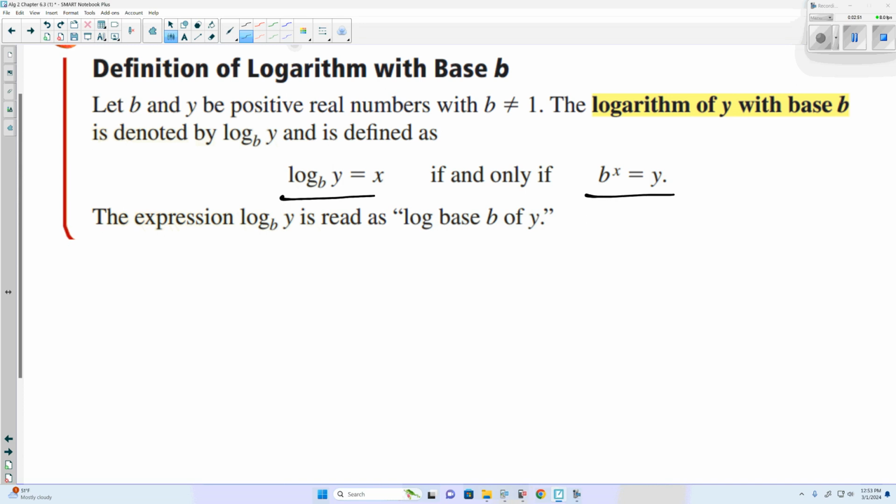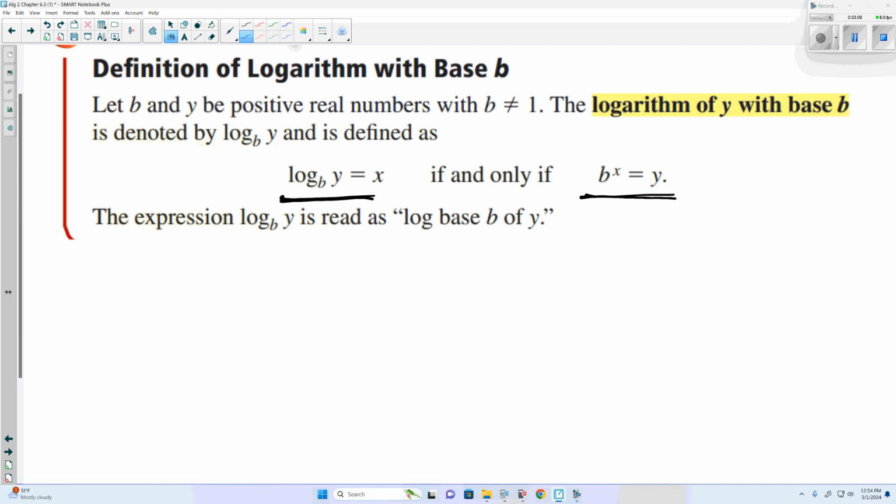So we have these two forms. Our log is our logarithmic form. b to the x is our exponential. And we have this here where b is different than 1.